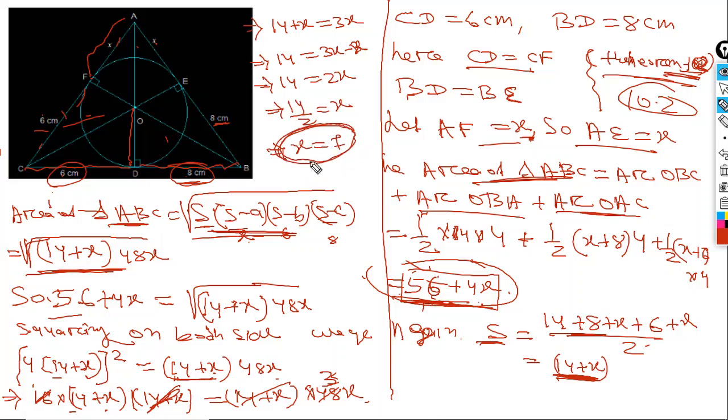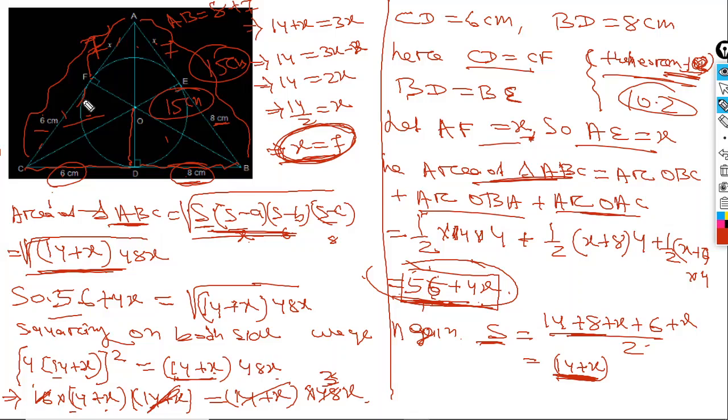So we got the value of x. Do we need x? No, we don't need x. We need the length of AC and AB. But we have the value of x. This is 7 now, and here it is 7 now. So AB equals 8 plus 7, which will be equal to 15 cm.